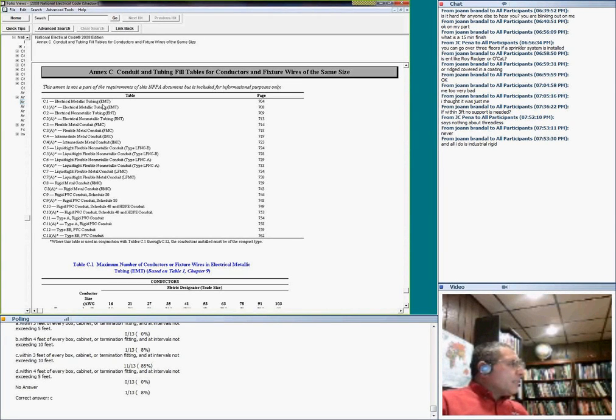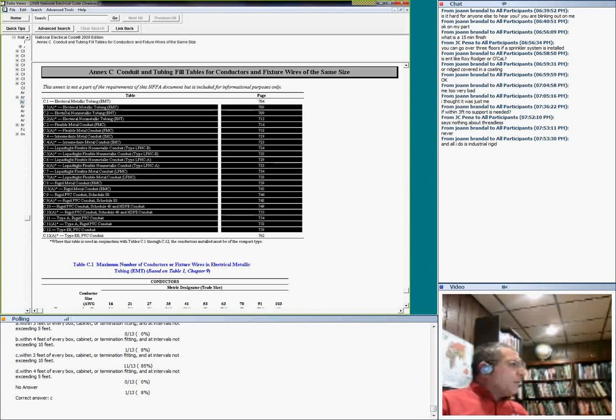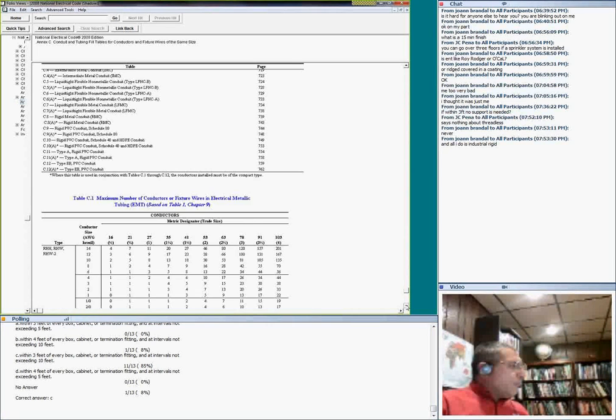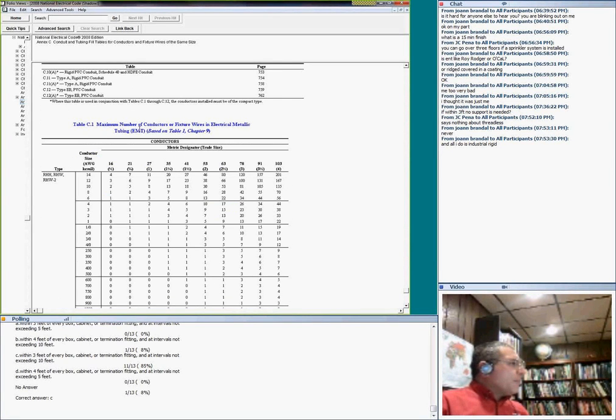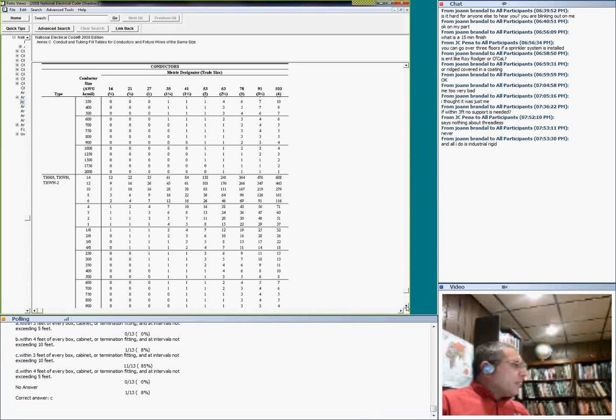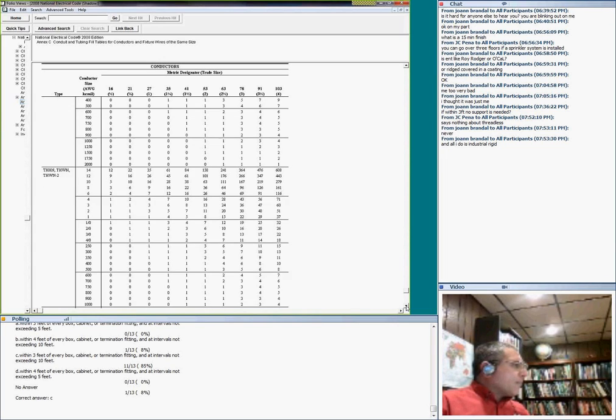Okay, so let's just say EMT. Let's go to all the conduits. Can you guys see all the conduits approved by the code? Let's just say maximum number of conductors or fixture wires in electrical metallic tubing, EMT. Let's see how many number 12 THHN conductors I can fit in a 3/4 inch.